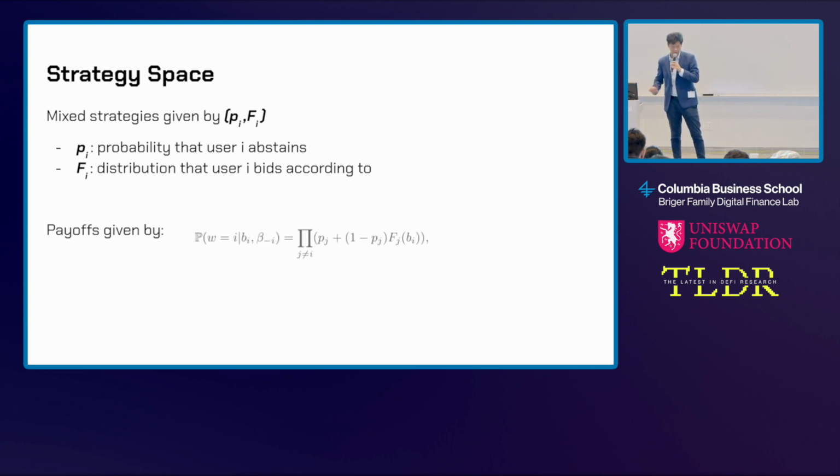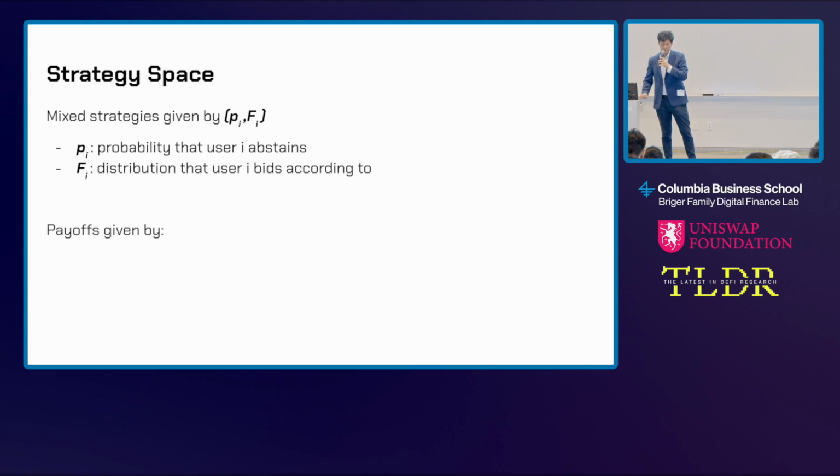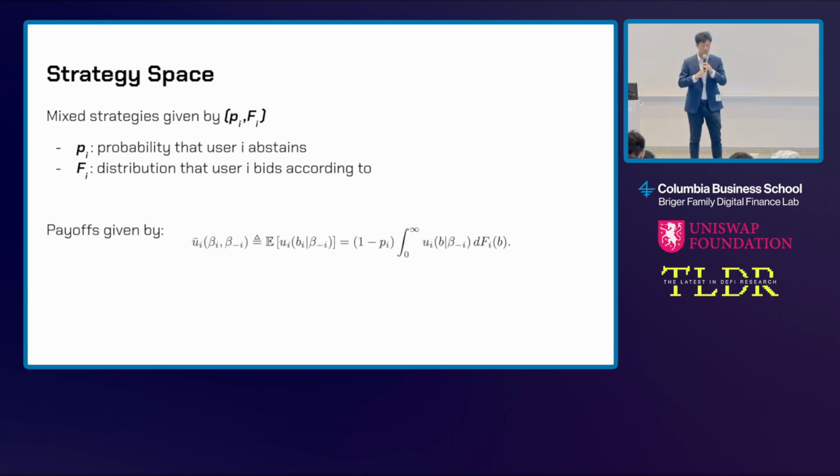Now, the win probability is given by an expression where you want all the other users to either abstain or participate and bid something lower than your current bid. Taking the expected value of this over the entire possible range of bid values, we can write users' expected payoffs according to this.